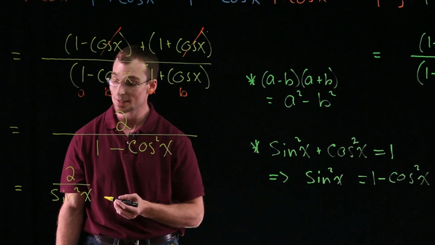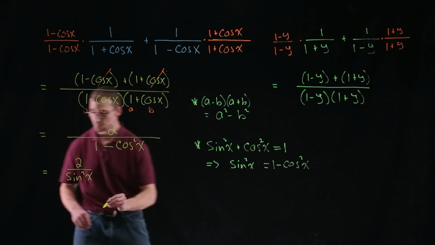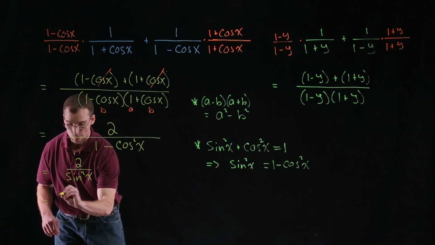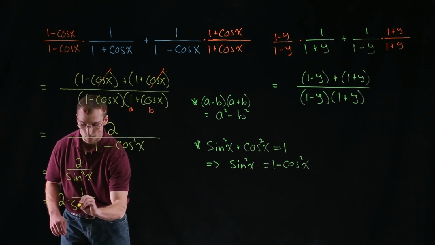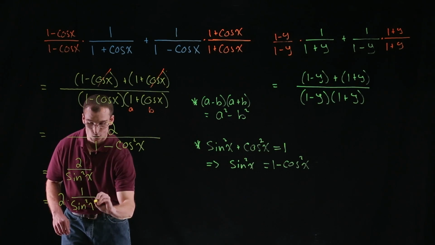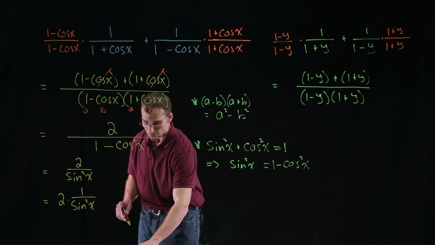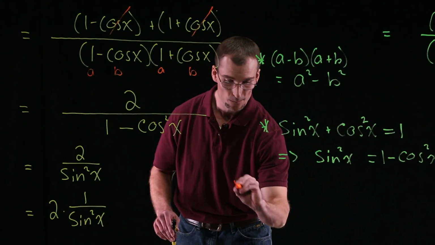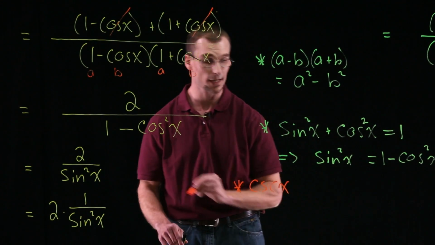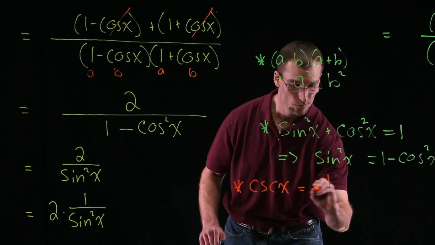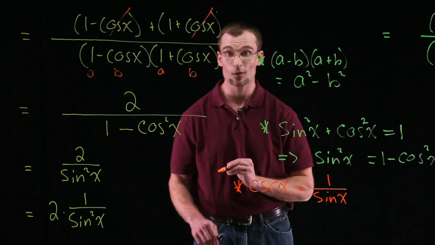Now let's see what we can do to take this a little bit further. So 2 divided by sine squared x, well, let's write this as 2 times 1 over sine squared x. This looks a little familiar in the fact that we know, at least, that cosecant x is 1 over sine x.